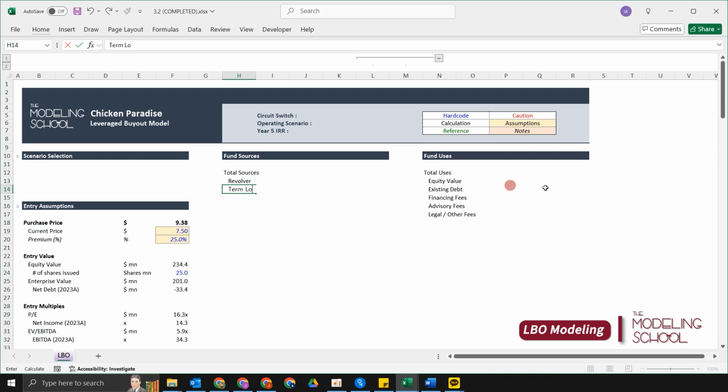So we're going to have two types of term loans, term loan A and term loan B. We're also going to create subordinated notes, as well as convertible bonds.